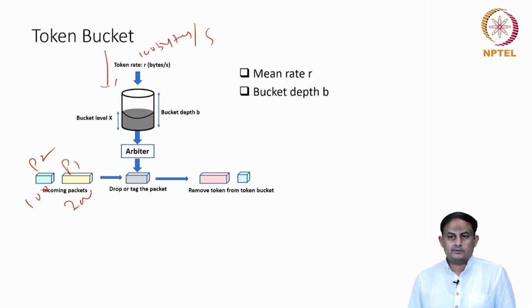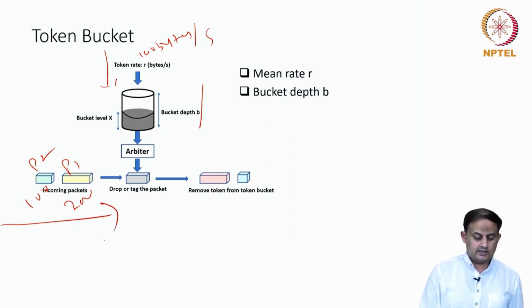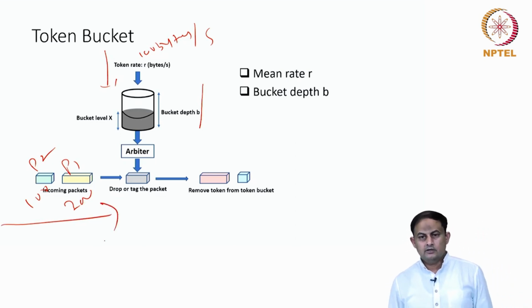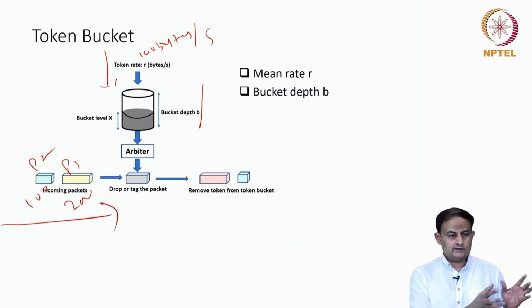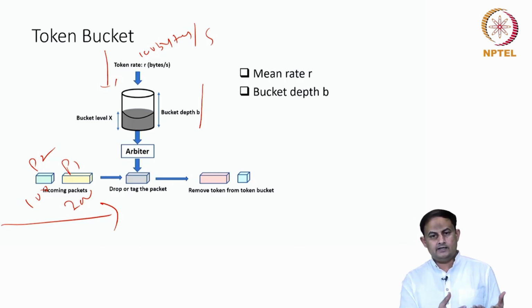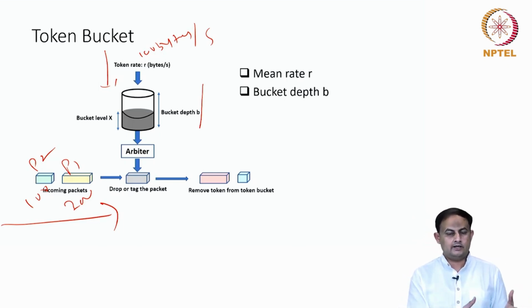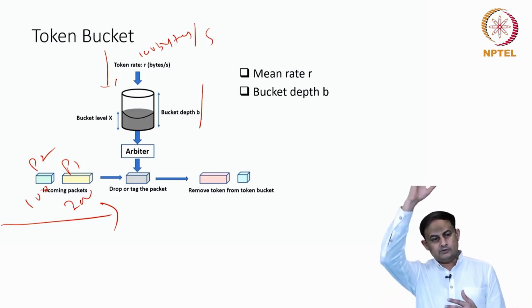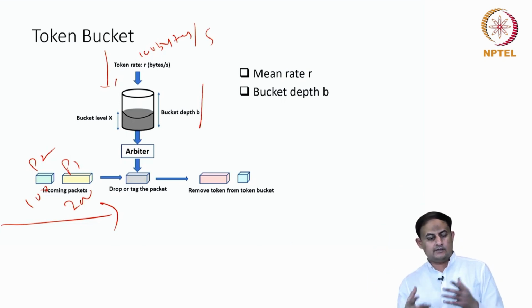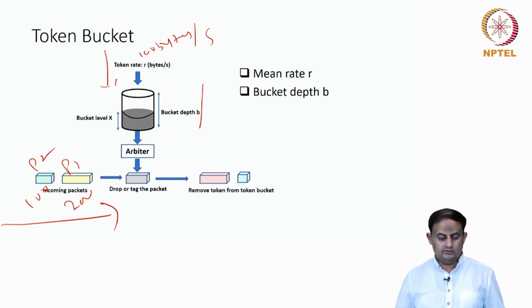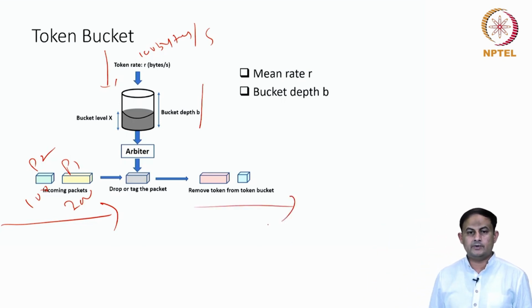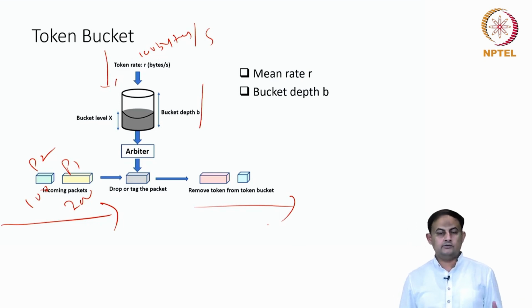At any point of time, there is a certain number of tokens available inside the bucket, and packets are arriving on the input link. You match the size of the incoming packet, that is how many bytes I need to transmit. If tokens worth that capacity are available inside the bucket, then you will be able to transmit the packet. Otherwise, you need to drop that particular packet right there.